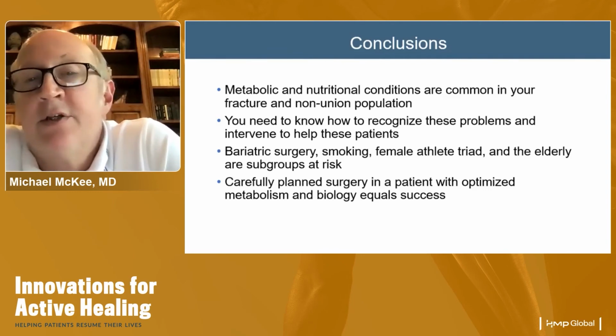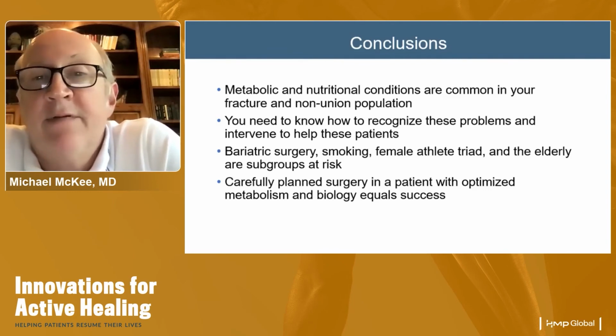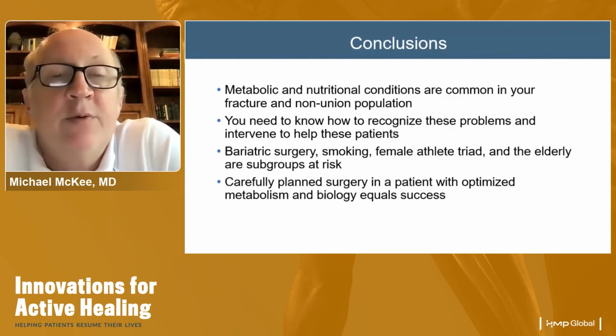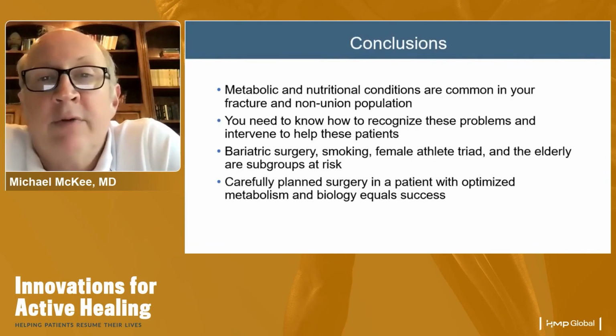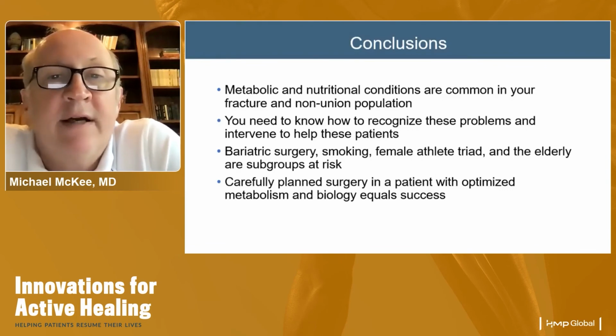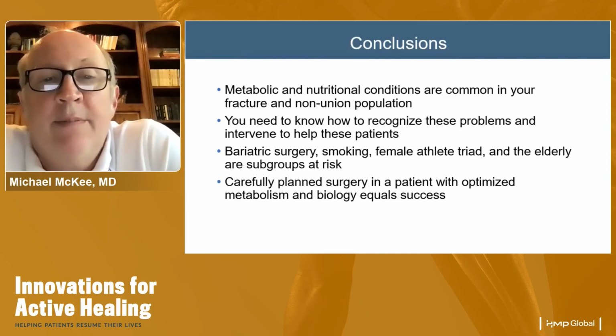And in this kind of situation, I think LIPUS can definitely help you in the specific patients we spoke about, where everything is optimized in a stable, straight non-union that's not infected, then you can often get away without surgical intervention if you do this by optimizing metabolism and biology and use a LIPUS.